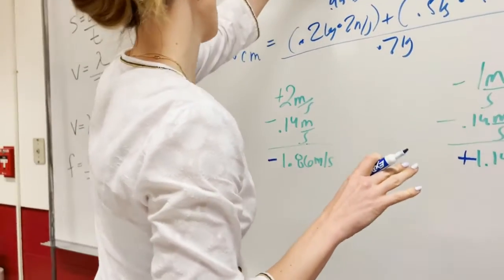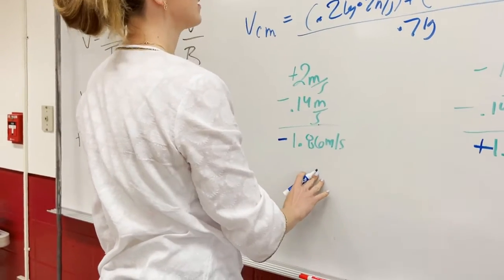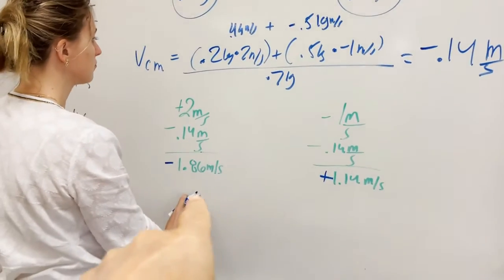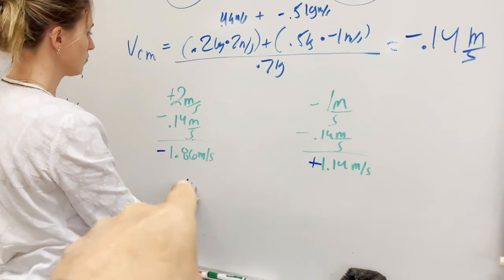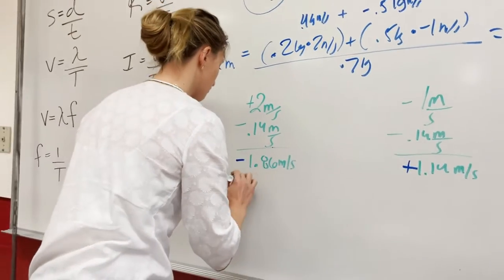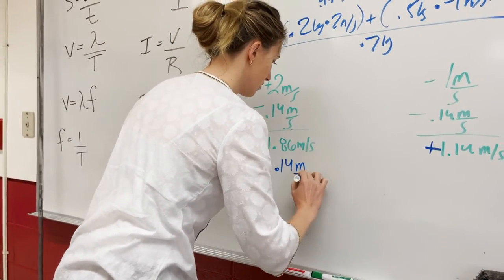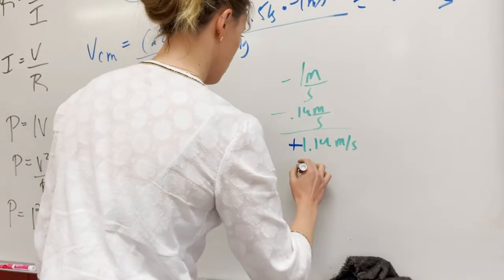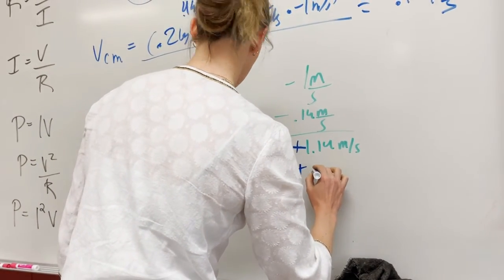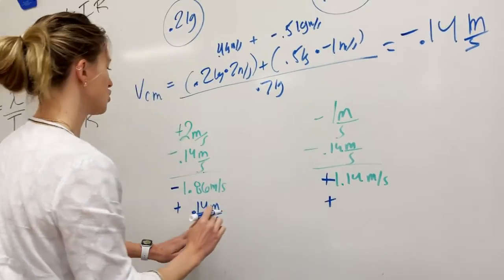So that's negative 1.86 plus 0.14, and this is 1.14 plus negative 0.14.